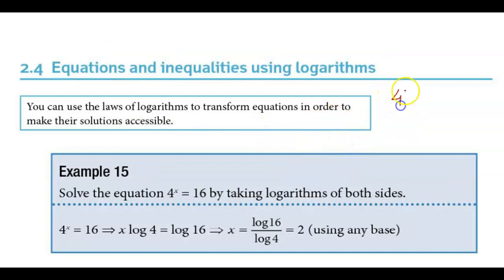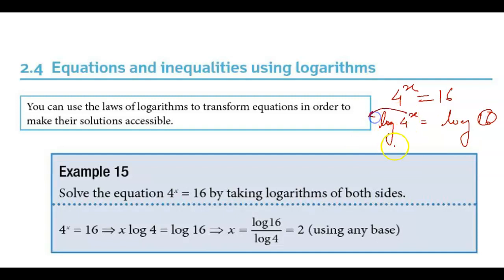Suppose I have 4 raised to power x equals to 16. How can I solve this? Take log on both the sides, children. So log of 4 raised to power x equals to log of 16. Now how can you write this 16?